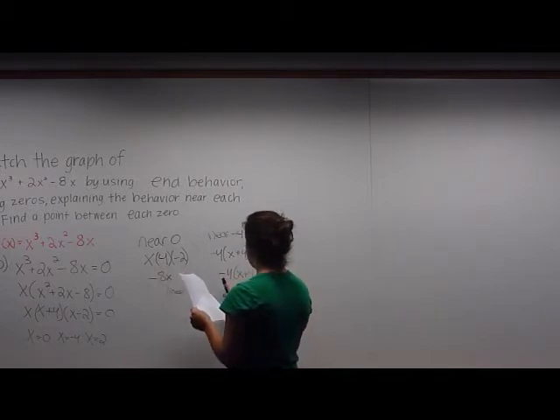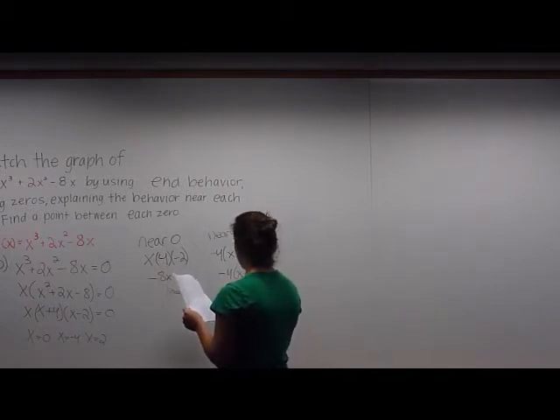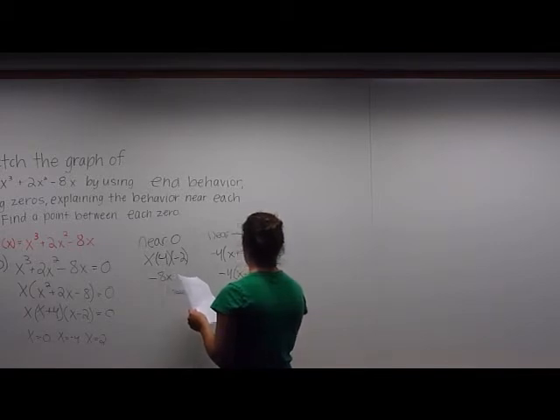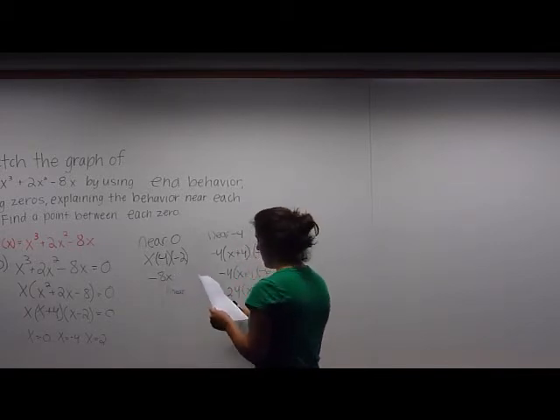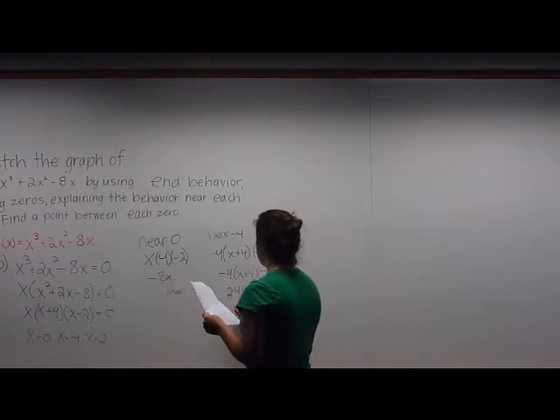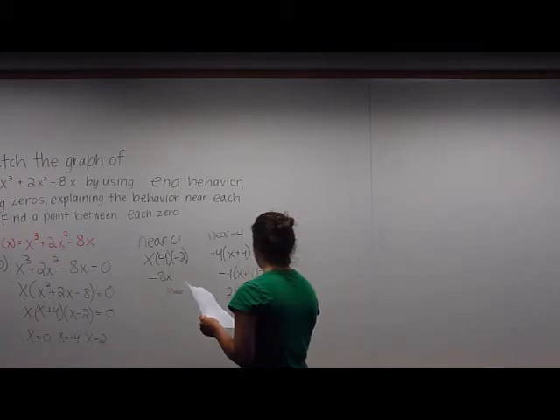Multiply negative 6 by negative 4, you get 24 times x plus 4. Distribute, leaving you with 24x plus 96. And this also acts linear.